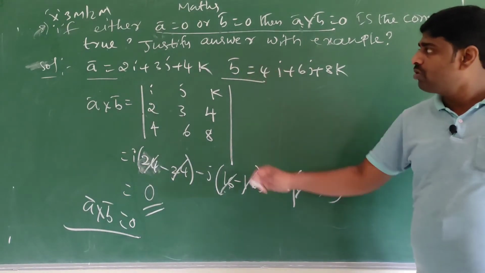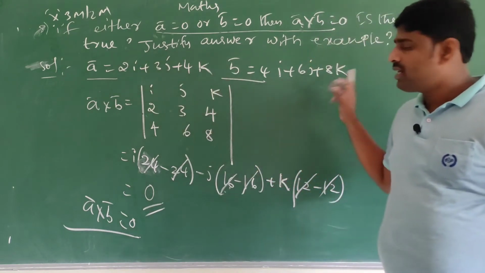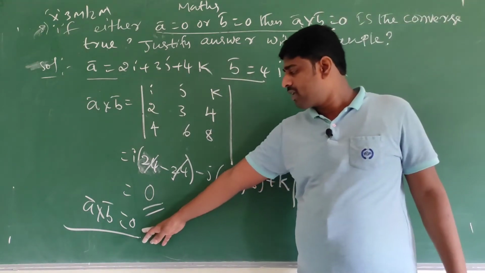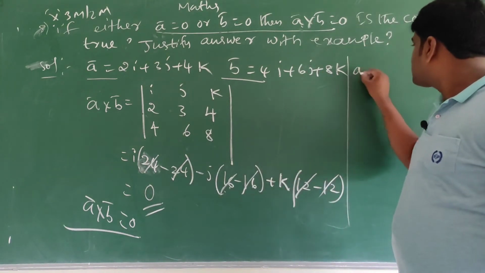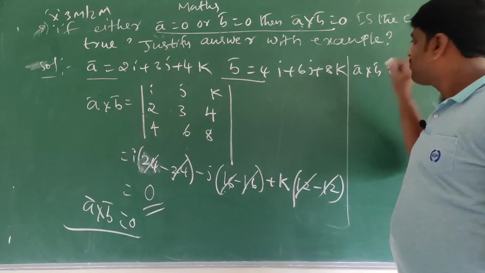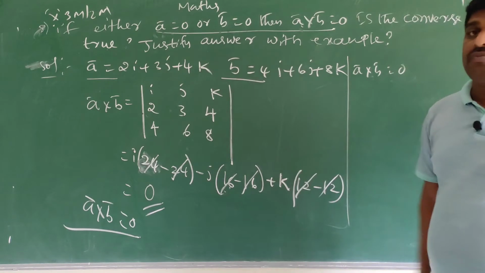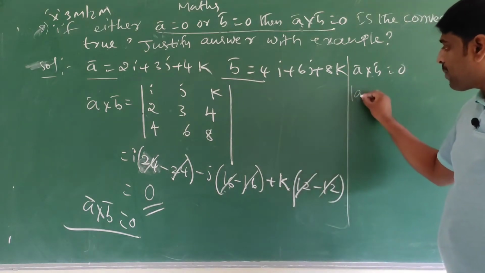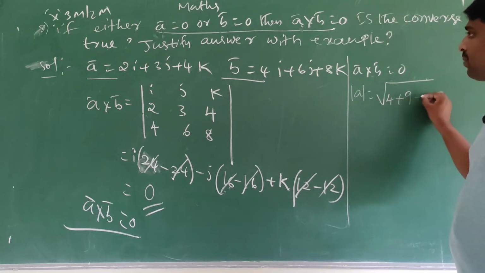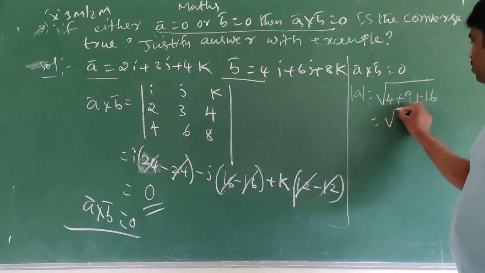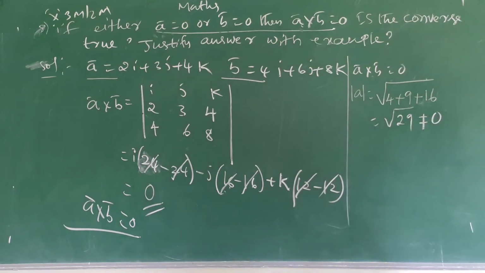Here I am taking a bar as a non-zero vector and b bar as a non-zero vector, and a bar cross b bar equals 0, which I proved. Now I have to take a bar cross b bar equals 0 and prove that the magnitude of a bar is 0 or the magnitude of b bar is 0. The magnitude of a bar is root of 4 plus 9 plus 16, that is root 29, which is not equal to 0.